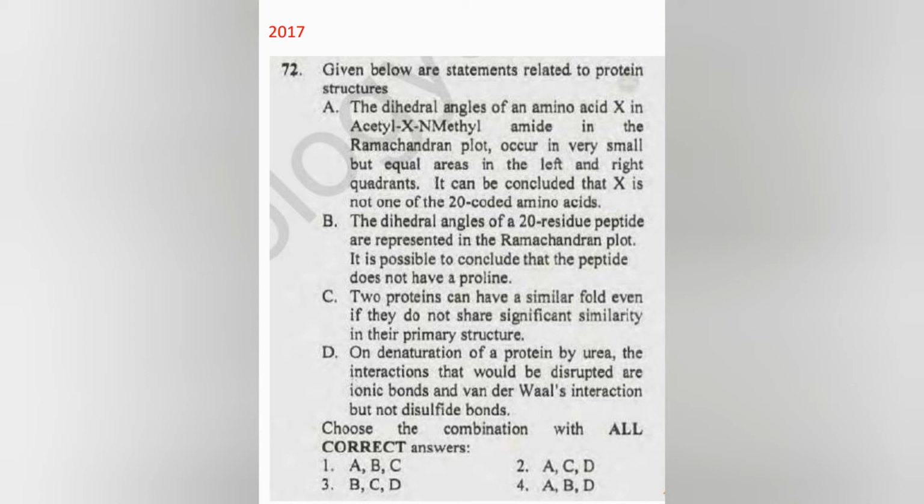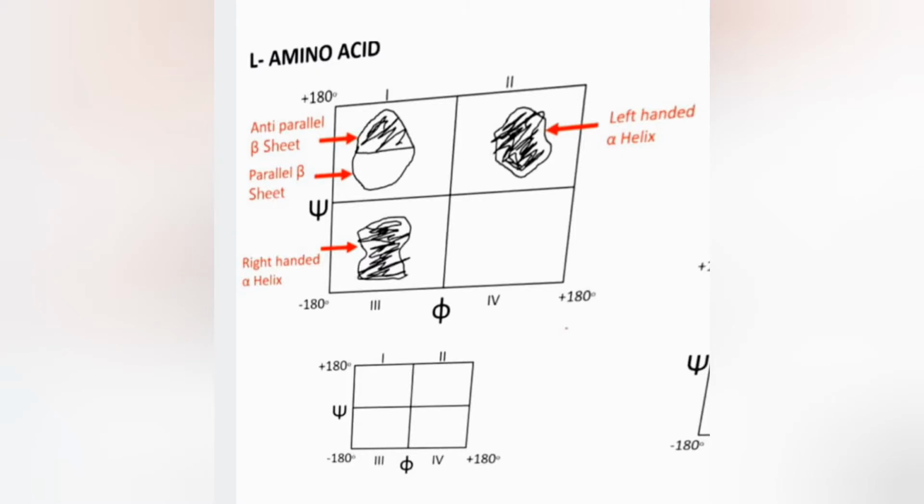It can be concluded that X is not one of the 20 coded amino acids. So that is a code actually. In humans, the 20 coded amino acids are the levo amino acids, and we can see the presence of levo amino acids in the left quadrant, right?